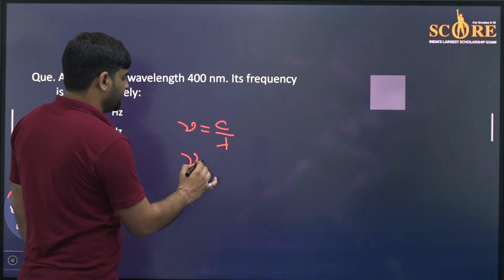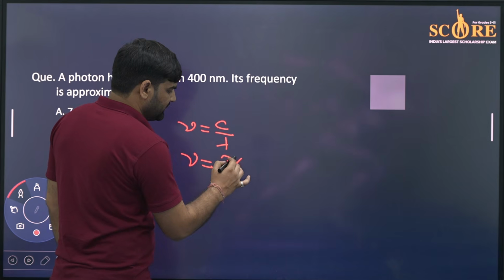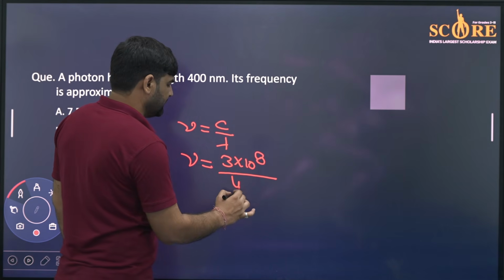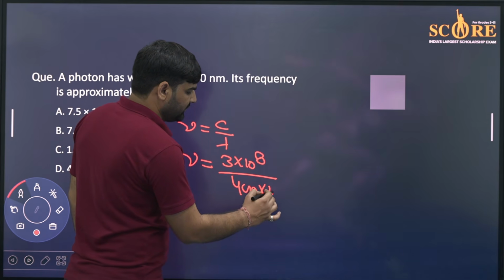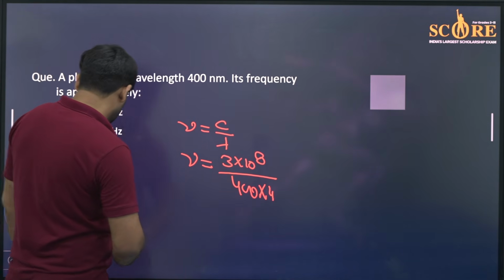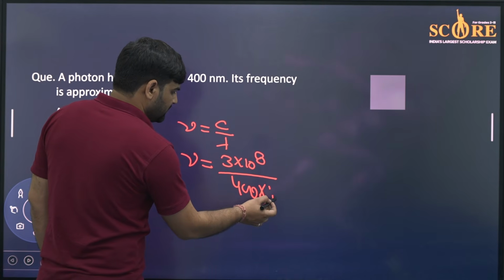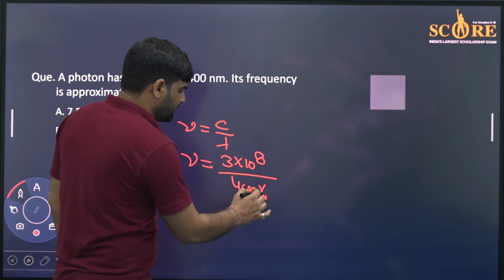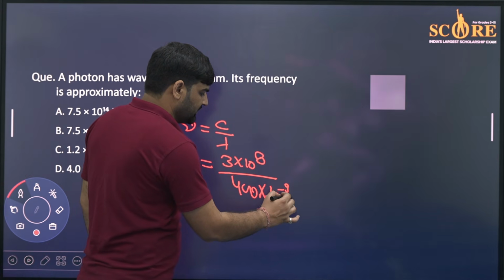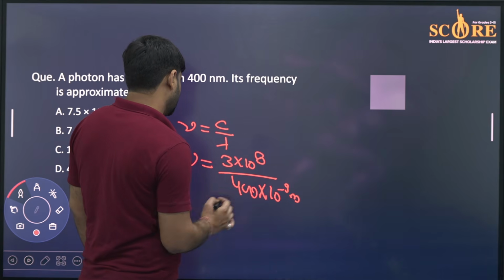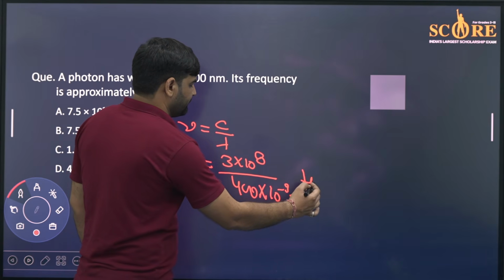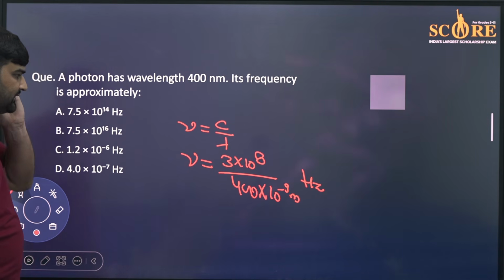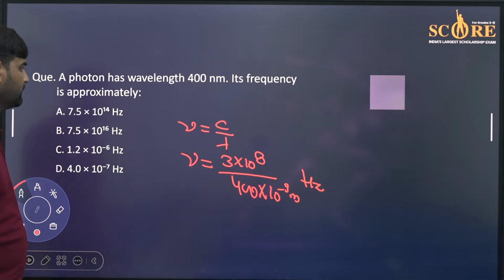You have to write nu equals 3 multiplied 10 raised to power 8 meter per second, divided by lambda. Lambda is this, you have to convert into meter, and you know how we can convert this into meter. Nanometer is 10 raised to power minus 9 meter, then you will get answer in hertz. So whatever the answer is, you can check accordingly.